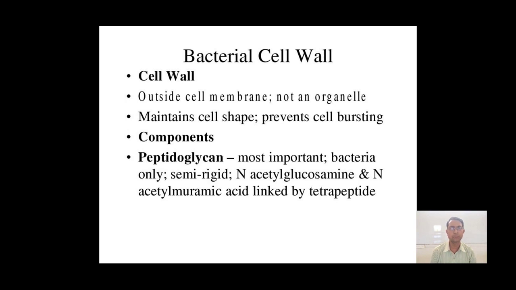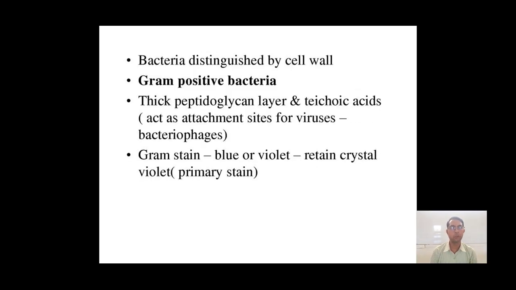It is semi-rigid, and it is made up of N-acetyl glucosamine and N-acetylmuramic acid. The linking of acetyl glucosamine and acetylmuramic acid forms peptidoglycan, which is very simple and is present in almost all bacterial cells.